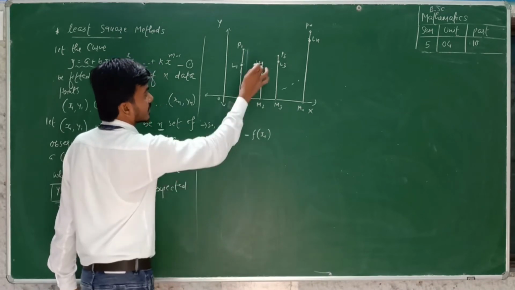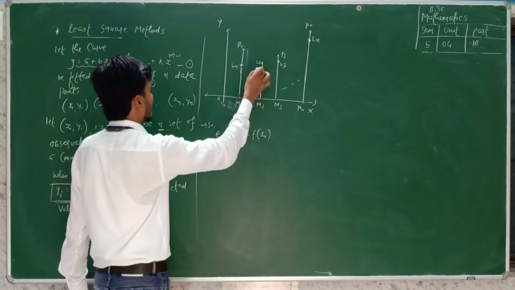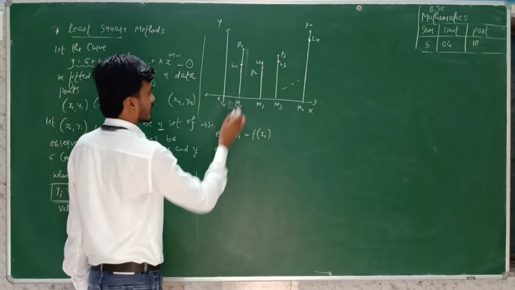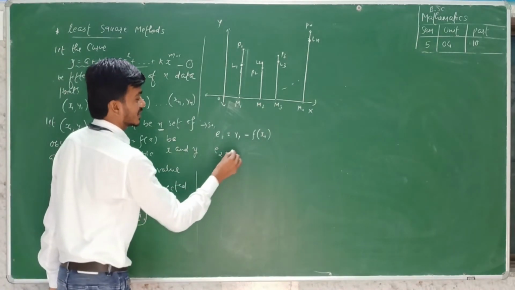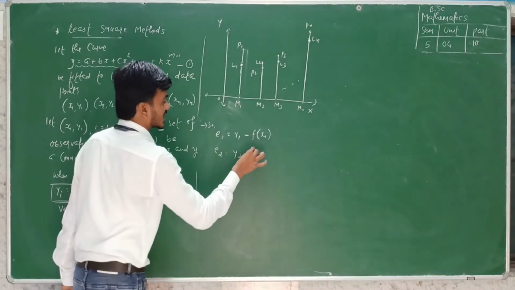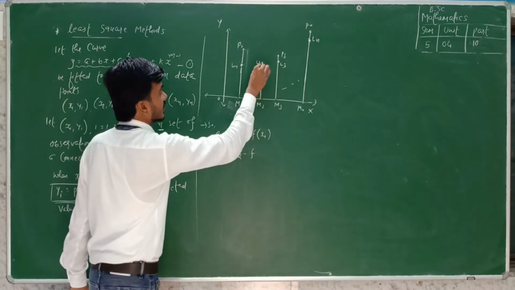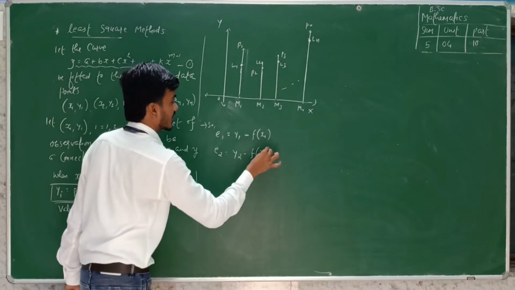Same as e2, the second error. The second error comes from the second value x is equal to x2. e2 is equal to y2, the observed value, minus the expected value f of x2.